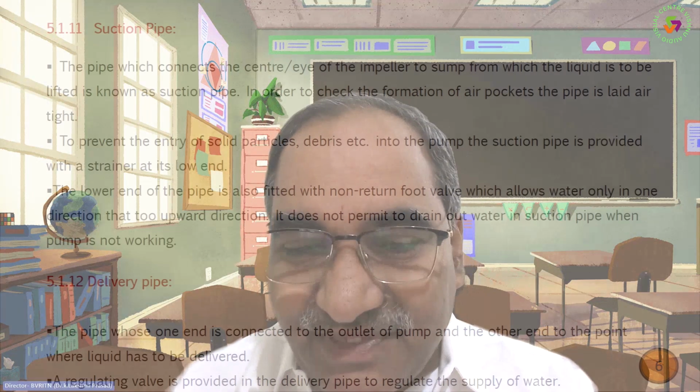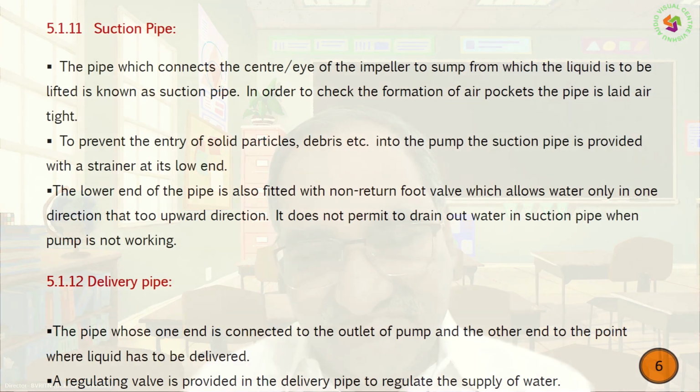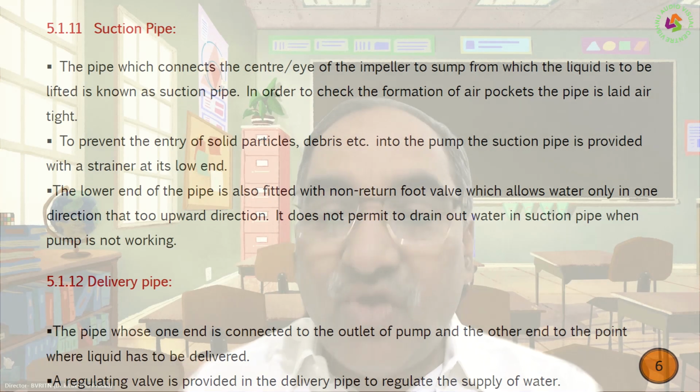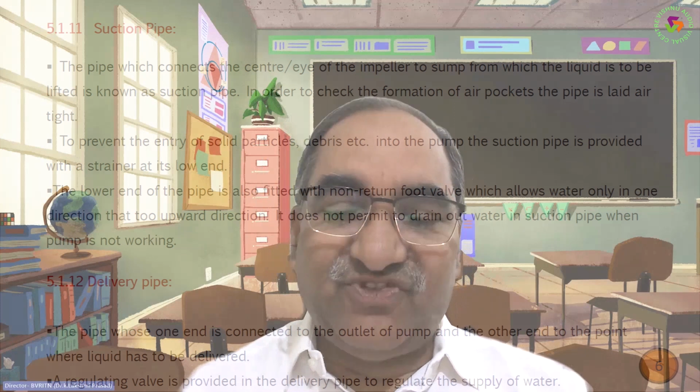There are different types of casings: it may be volute casing, vortex casing, or diffuser casing. But whatever the casing, its main function is to convert the kinetic energy imparted to water by the impeller into pressure energy.